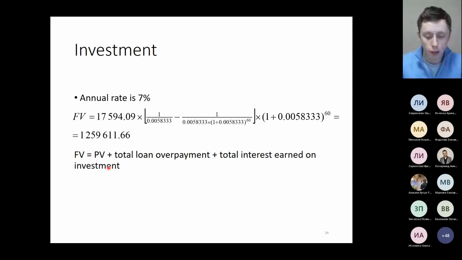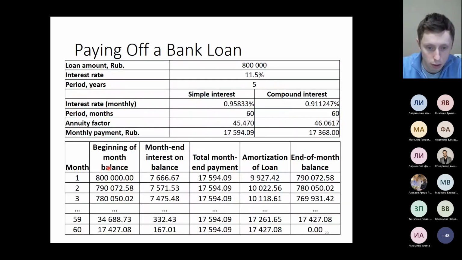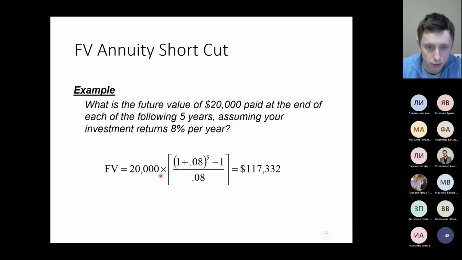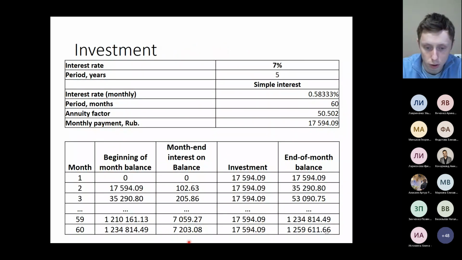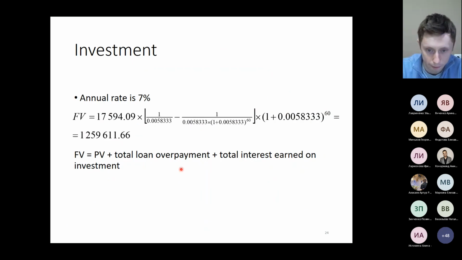The total value in this column plus the total value here. So the first one was this one, the second one was this one, plus the present value. In our case, it was 800,000, and we would have the same result. In the Excel spreadsheet, I did this estimation. Please take a look and make sure that they are really equal.